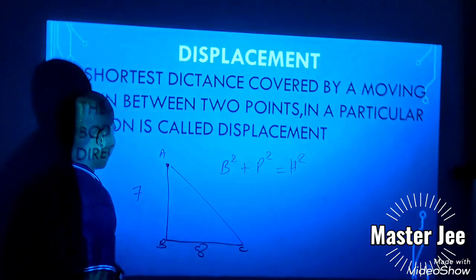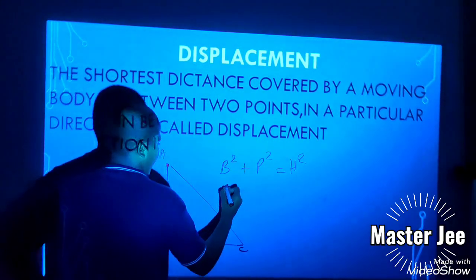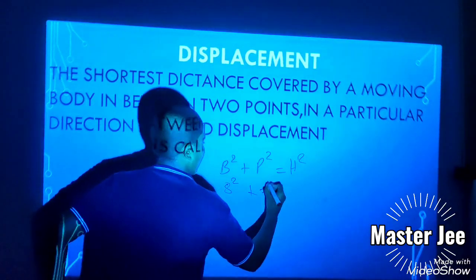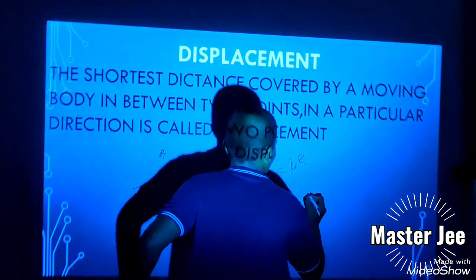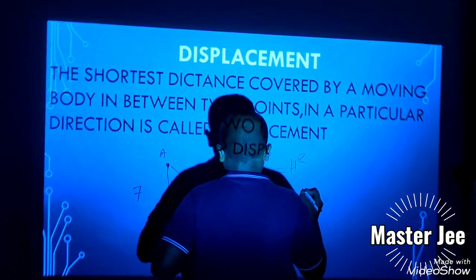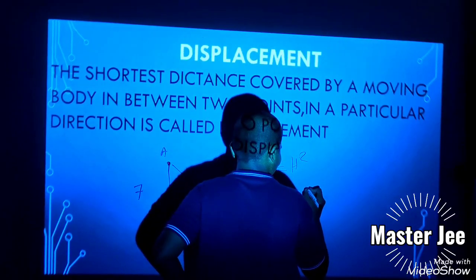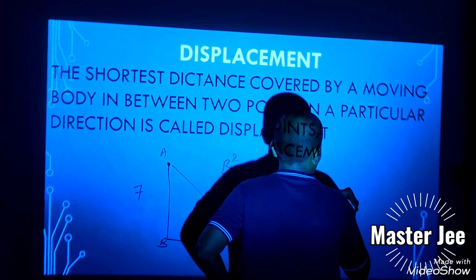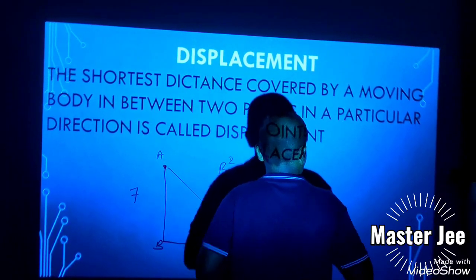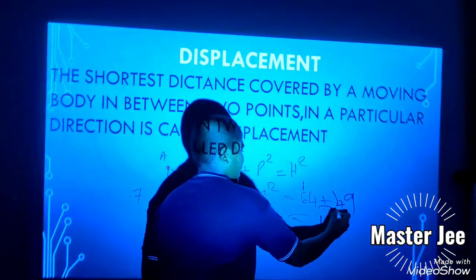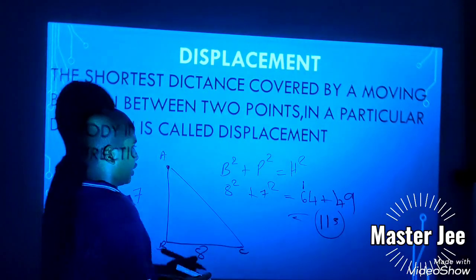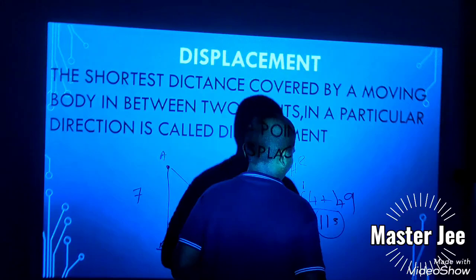So if we represent here base 8 square plus perpendicular 7 square, that is 64 plus 49. When we add both the squares we get 113. So to find the hypotenuse, we should take the root of 113.